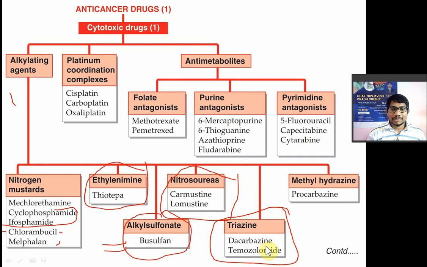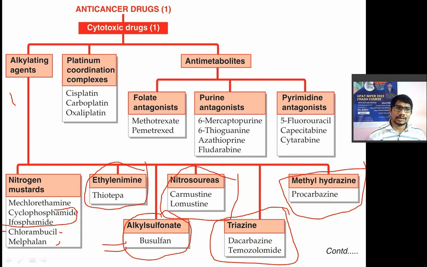The last class in the alkylating agents is the methyl hydrazine derivative. In that comes procarbazine. So procarbazine is not a true alkylating agent. It prevents the synthesis of DNA by a different mechanism. So you cannot call procarbazine a true alkylating agent, right?